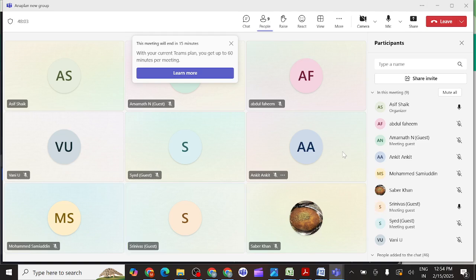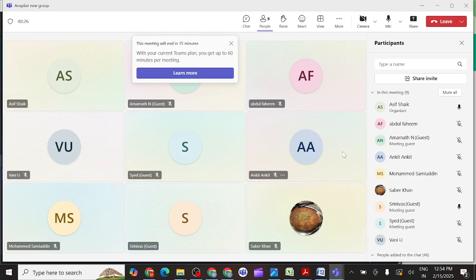Other than this, they will ask what type of forecasting you have done. There are a lot of forecasting methods: incremental forecasting, average forecasting. These are the different types of forecasting.